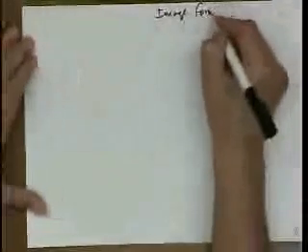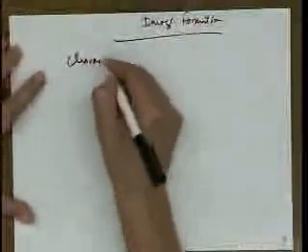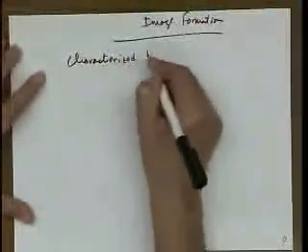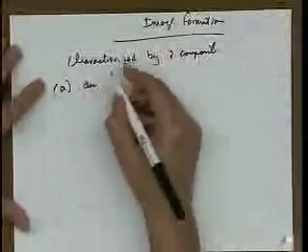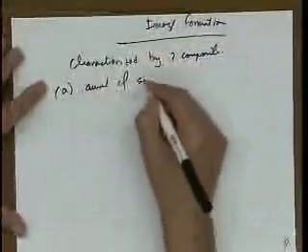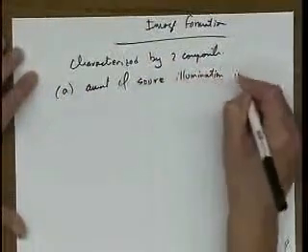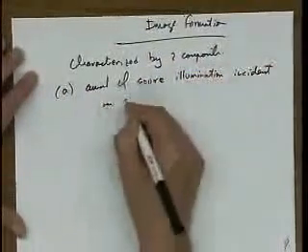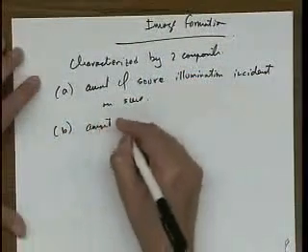Now, in particular, image formation is characterized by two components. One of them is the amount of source illumination that's incident on the scene, and the other one is the amount that's reflected.